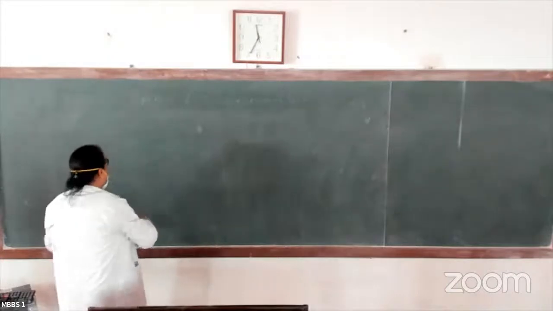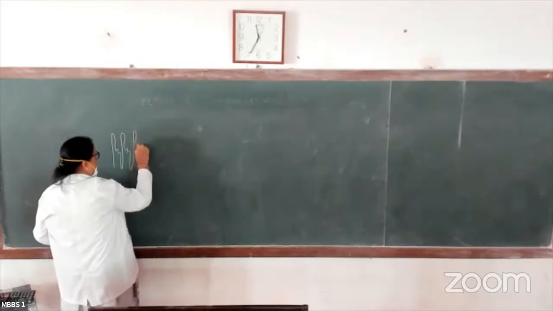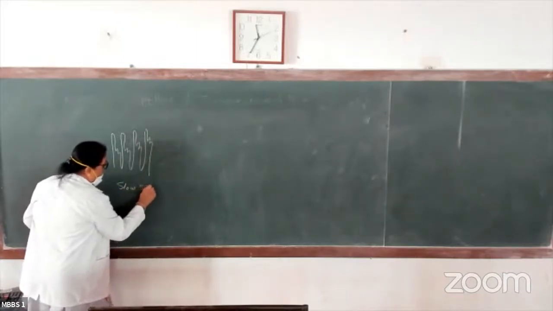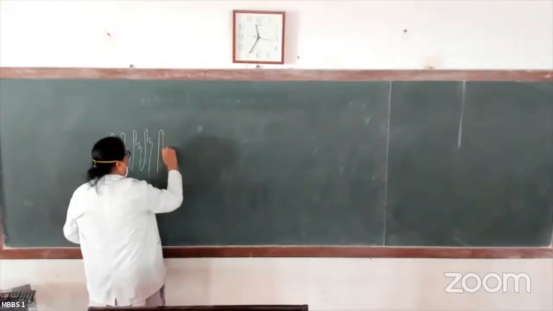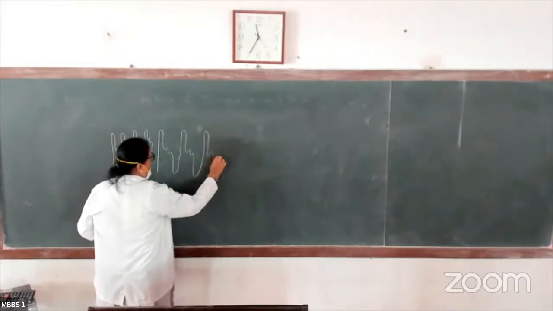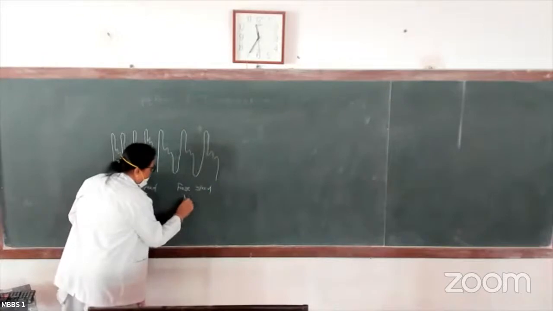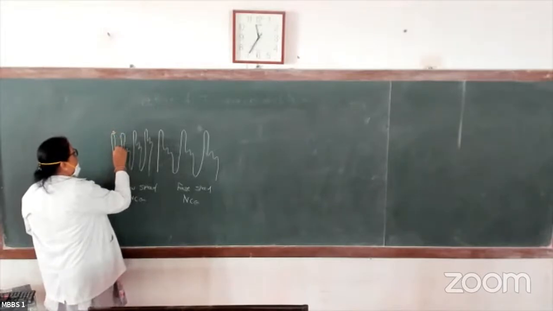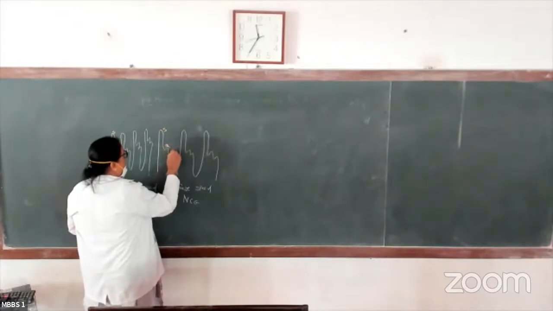You have to draw both in your journal. This is the sinus node activity, this is atrial and this is ventricular.